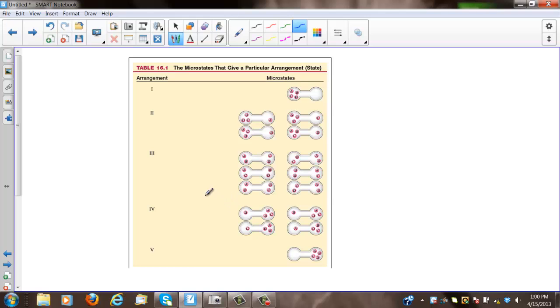You have a lot of different types of combinations that can take place. So what you have to remember is that entropy happens due to positional probability.